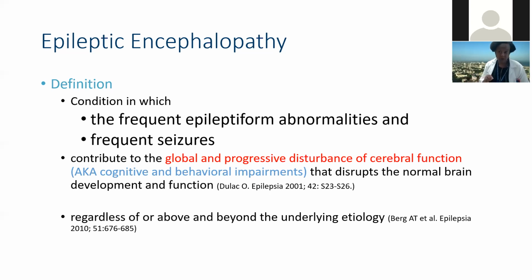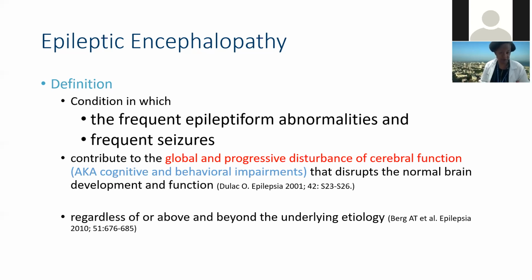What happened is we ran into a problem with that definition, because if the etiology doesn't matter, we can say we are going to work hard to eliminate the seizures and the epileptiform abnormalities, and then this patient is going to get better and continue his developmental progress within a normal range like his peers and siblings.